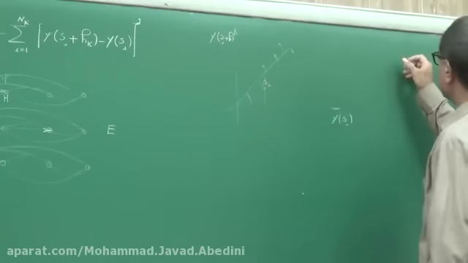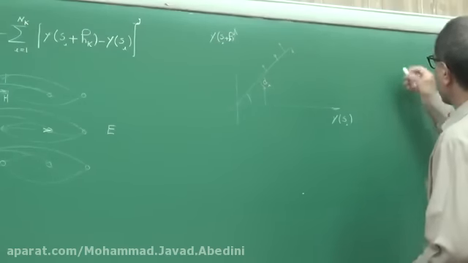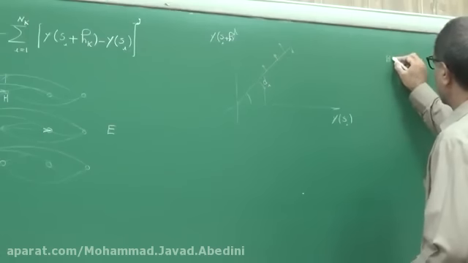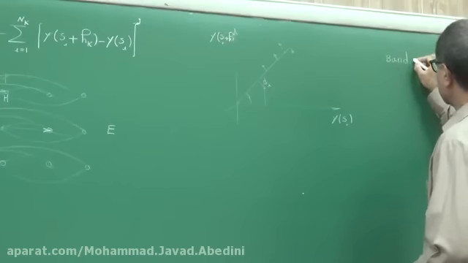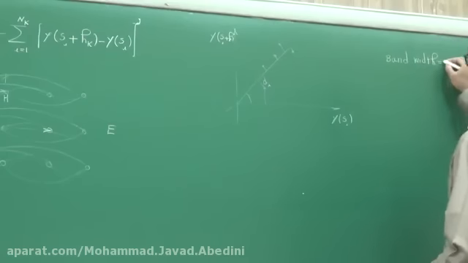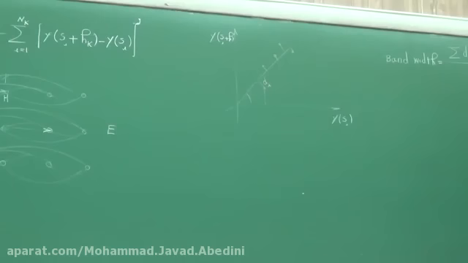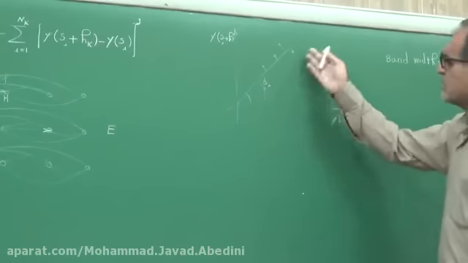Try to quantitatively compute the bandwidths by summing di to the power of 2, squaring each distance.